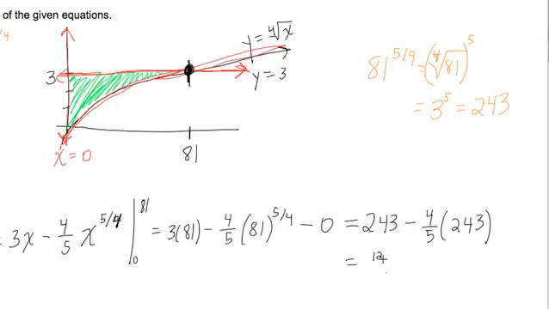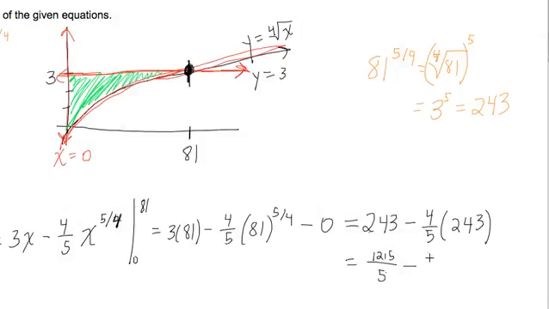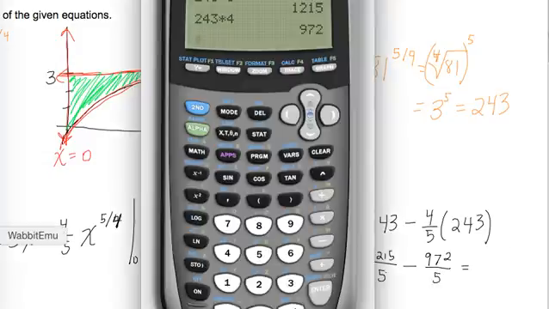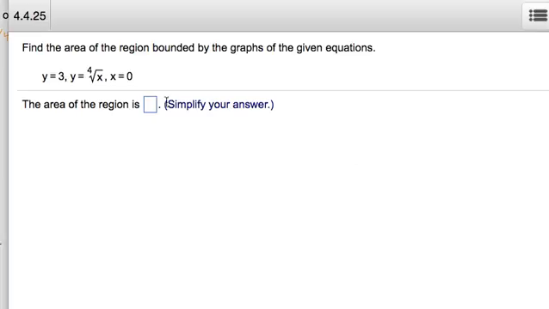So I have 1215 over 5 minus 243 times 4, which is 972. So I have 1215 minus 972, which is 243 over 5. Is that the exact area?